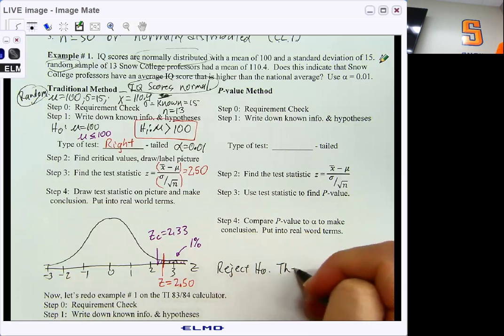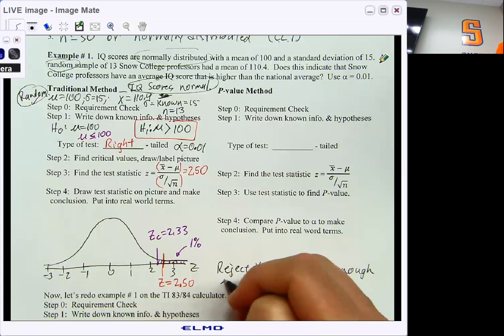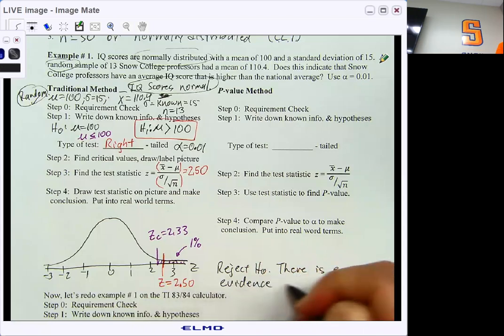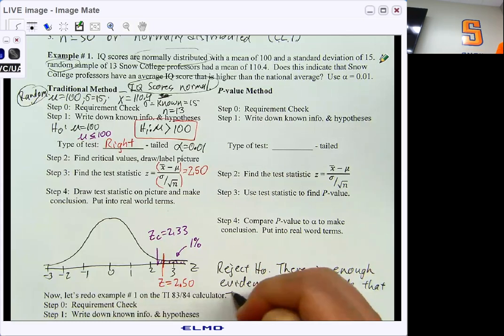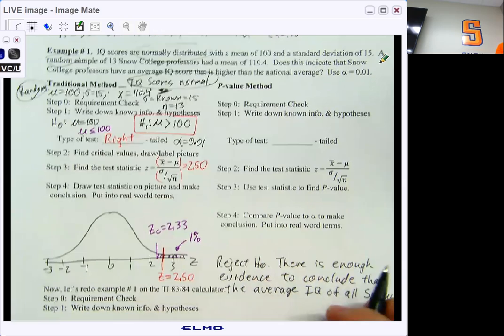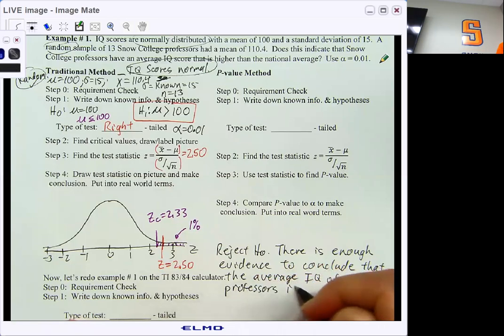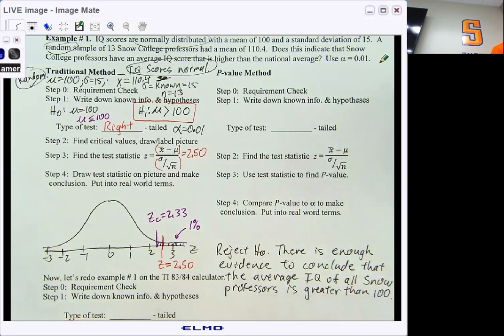So there is enough evidence to conclude that the average IQ score of all Snow College professors is greater than 100. Okay, hope that's made sense.